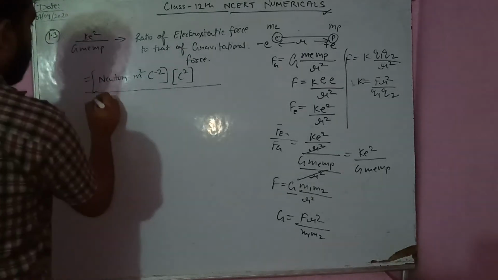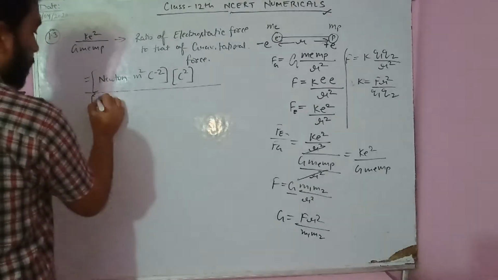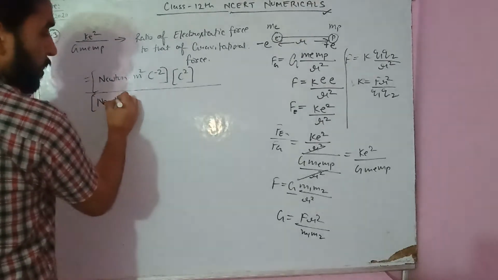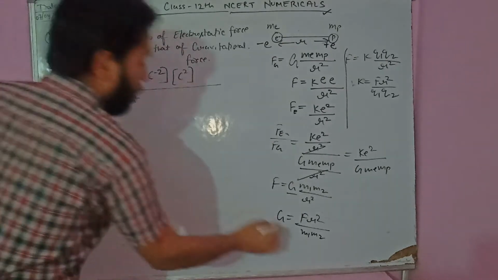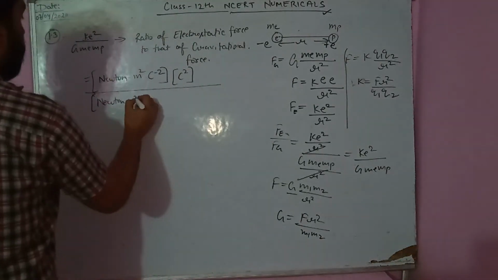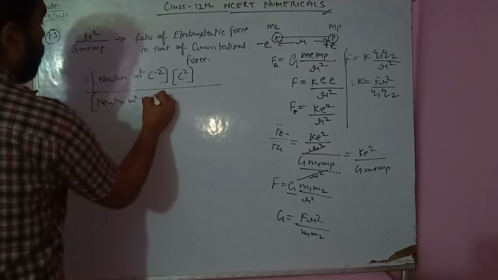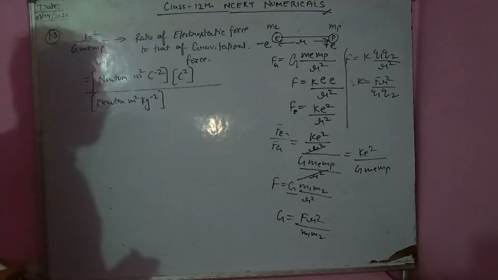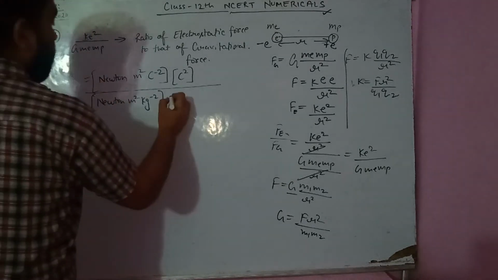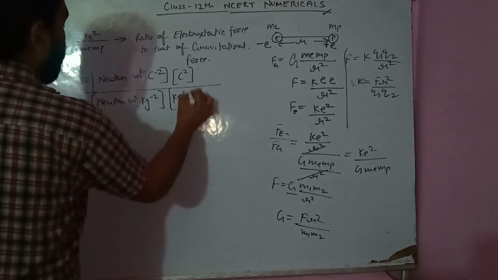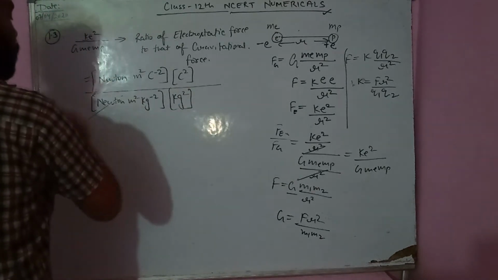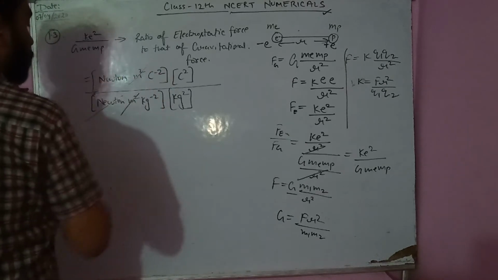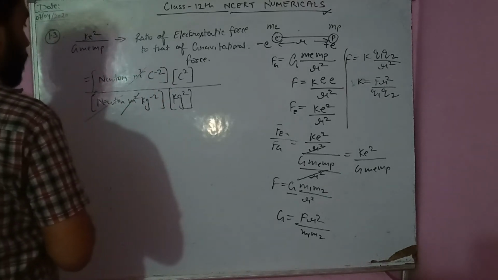The unit for force is newton, and meter square, and m1 m2, both are masses, so kg to the power minus 2. The unit for mass of electron and mass of proton is kilogram into kilogram, so kilogram square. Now students, newton cancels out, and meter square cancels out.